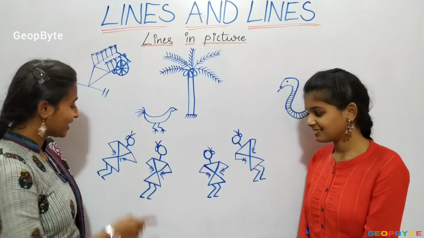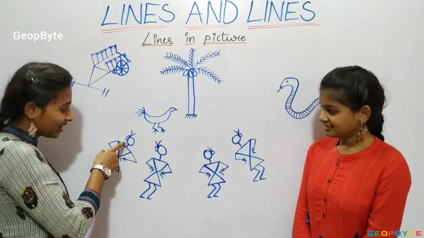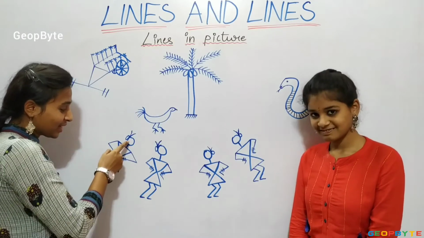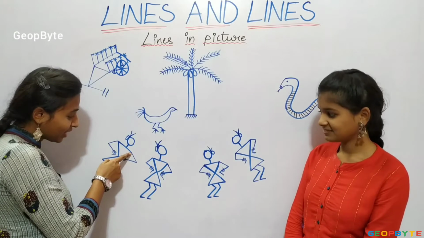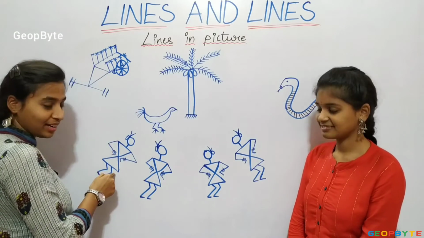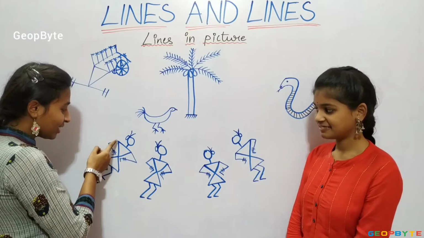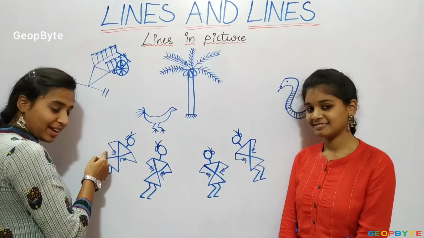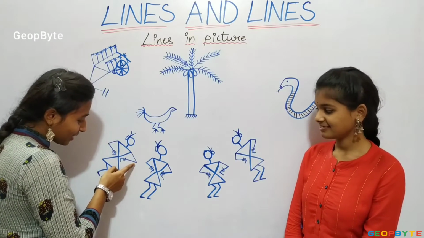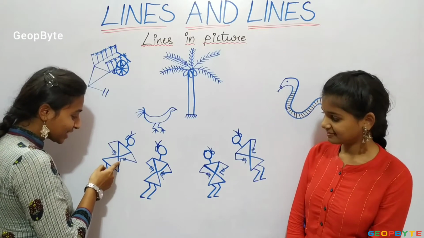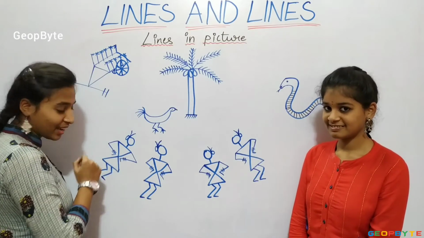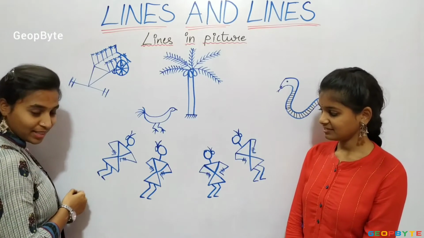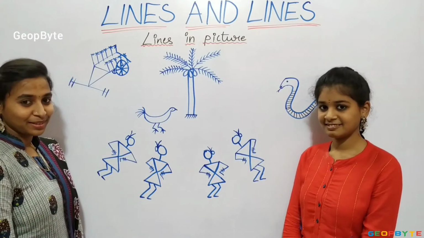Now let us see this woman. Curve and 1 more curve, 2 curves, a slanting line, a standing line, slanting line, a sleeping line, slanting line, 3 sleeping lines, a standing line, a sleeping line, a standing line, 3 standing lines, 2 standing lines, 2 sleeping lines and 2 standing lines.